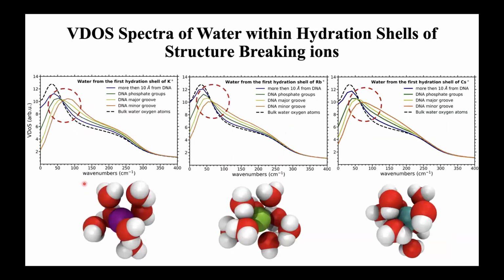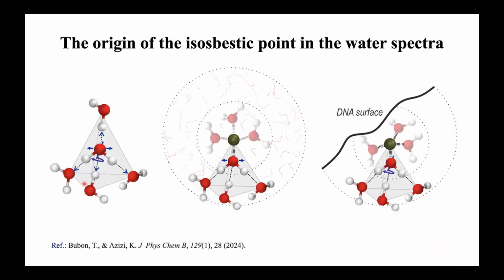We obtained similar results for the water molecules around the structure-breaking ions, and we also observe the isosbestic point. So here we face a question: why do we observe the isosbestic point in all calculated spectra?